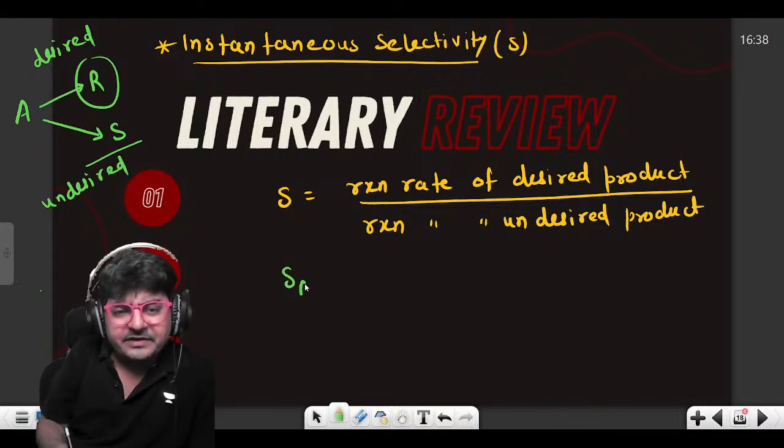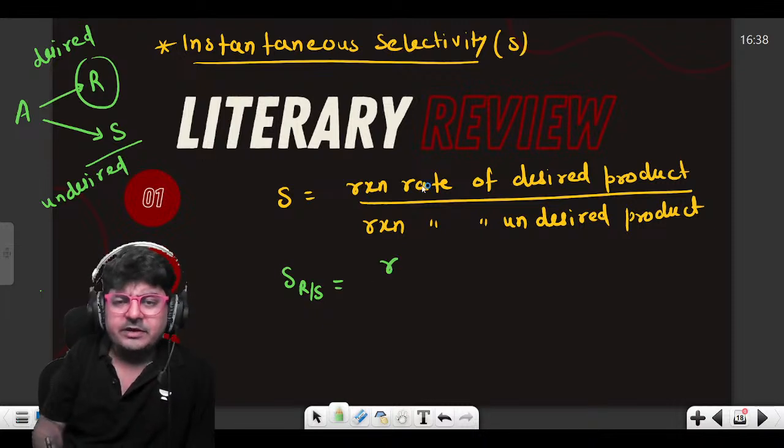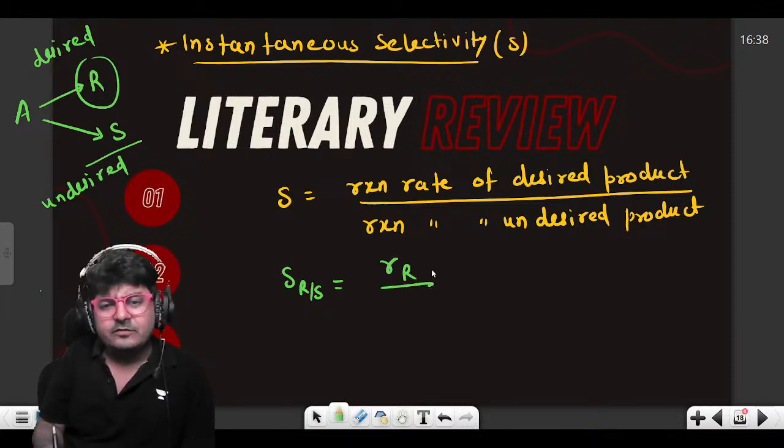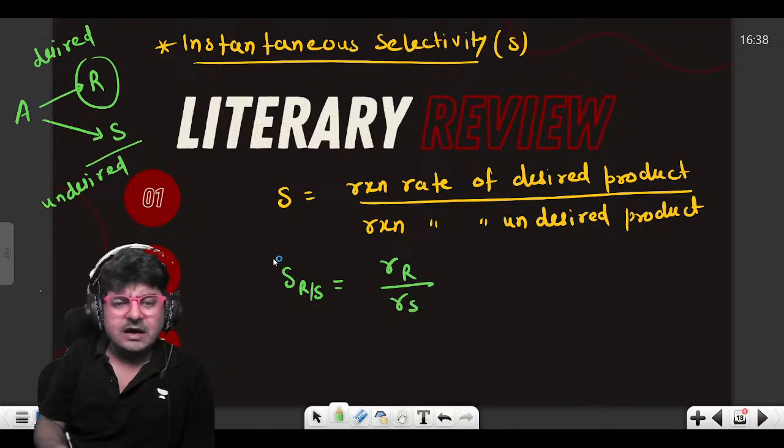So instantaneous selectivity will be like SR by S equal to rate of reaction for desired product, that is RR, over rate of reaction for undesired product, that is RS.